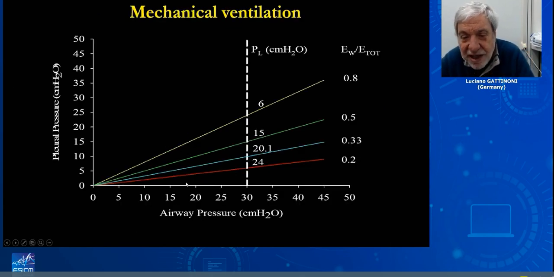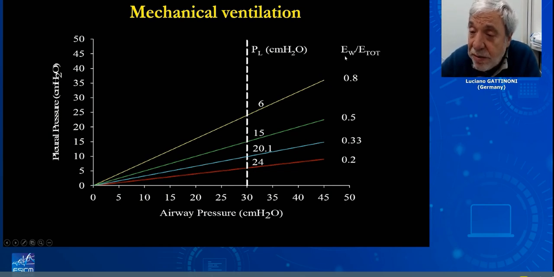And of course, during mechanical ventilation, you may have a very low stress, transpulmonary pressure, or very high stress. This is lethal. This is absolutely innocent, depending on the ratio I have between the chest wall and the total elastance. If I do not measure, simply I do not know. I completely ignore the problem.